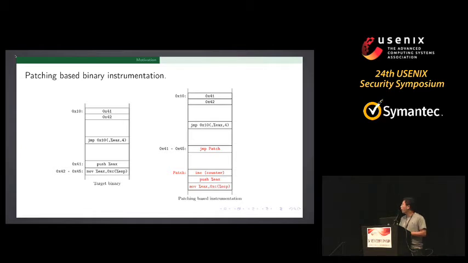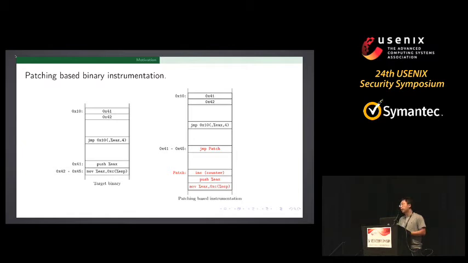So during runtime, when the execution flow reaches the instrumentation point, it will be redirected from the instrumentation point to the patch section. The instrumentation code together with the replaced instruction will be executed in the patch section, and after that, the flow will be redirected back to the instrumentation point.